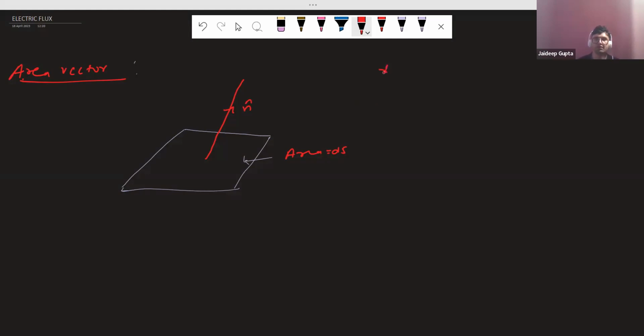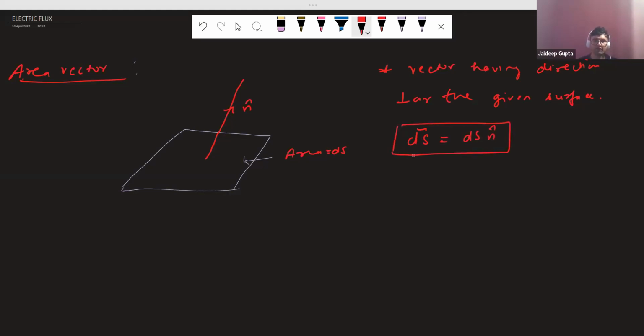Just remember, area is a vector quantity having direction perpendicular to the given surface. Fine. So if I write ds vector, it is ds n bar.